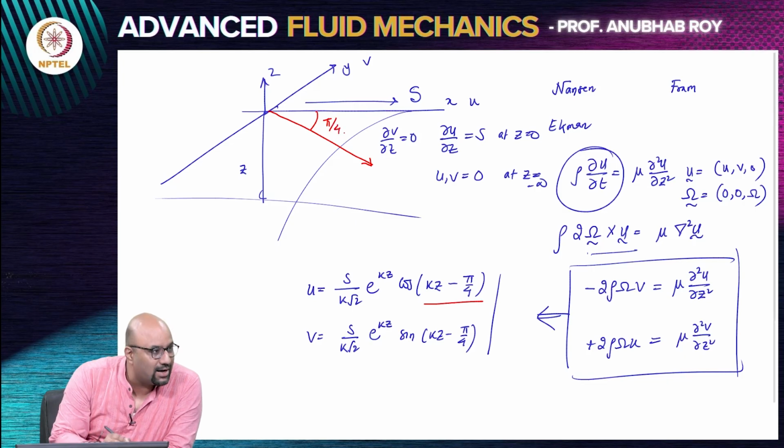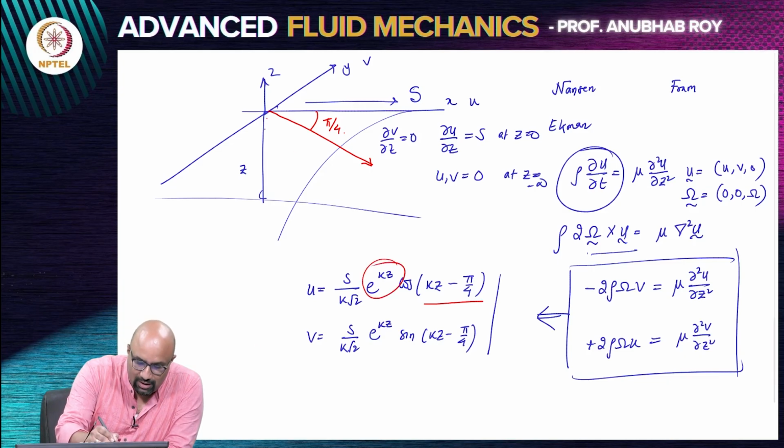What happens to the angle as you keep going further down? The angle will keep increasing. So the magnitude is decreasing. So at a level below, somewhere here, this is what I am drawing, velocity vectors.